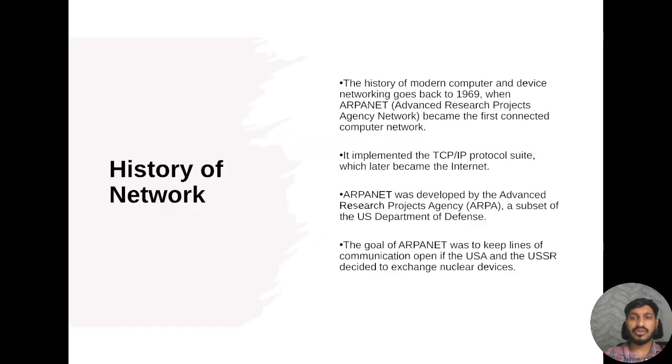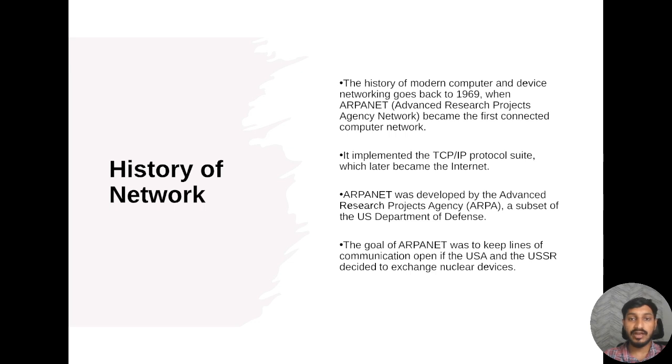The history of computer networking goes back to 1969, when ARPANET, the Advanced Research Project Agency Network, became the first connected computer network. It was implemented by the TCP/IP protocol suite, which later became the internet. ARPANET was developed by the Advanced Research Project Agency, a part of the US Department of Defense.